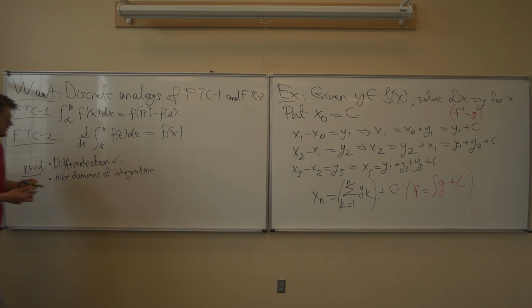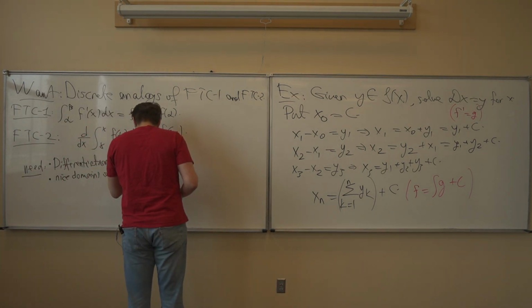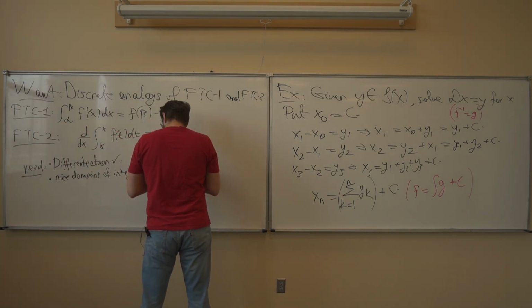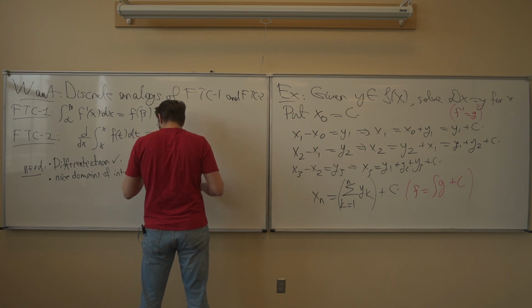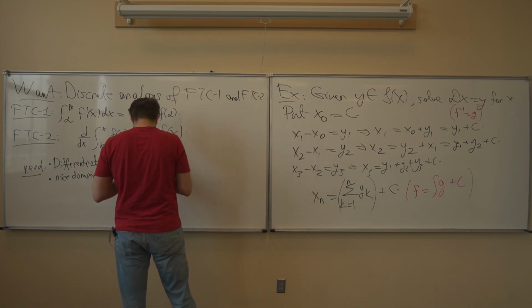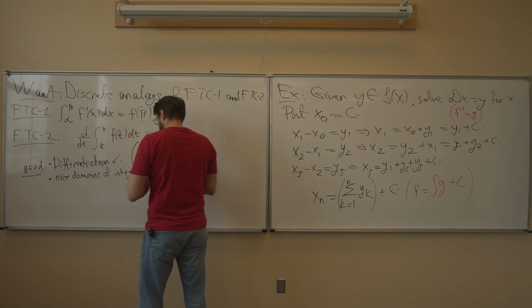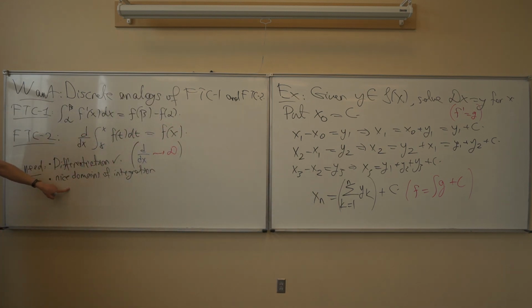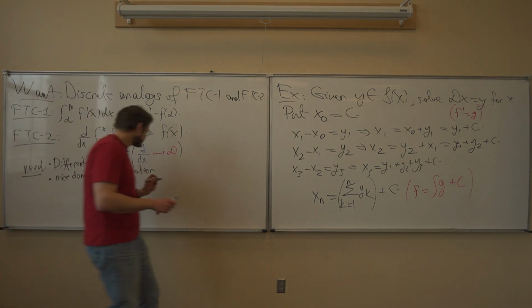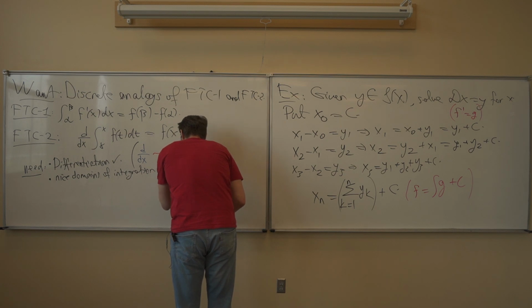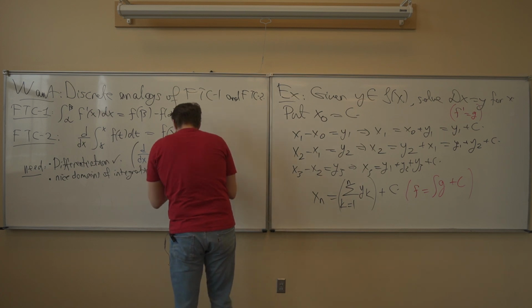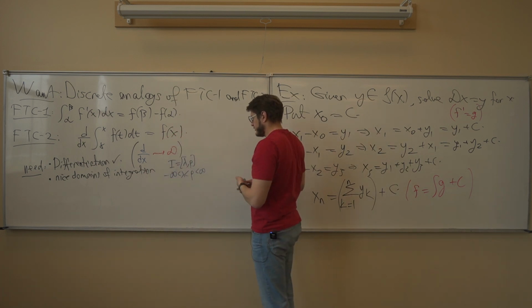In the classical setting, this was d by dx, for instance, and then we turned it into this discrete derivative. Nice domains of integration in the classical case was just a closed and bounded interval. So we need to turn this into something that works in our situation.